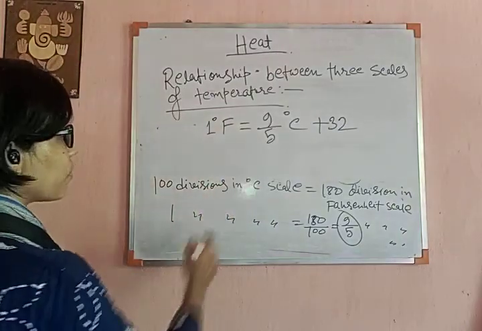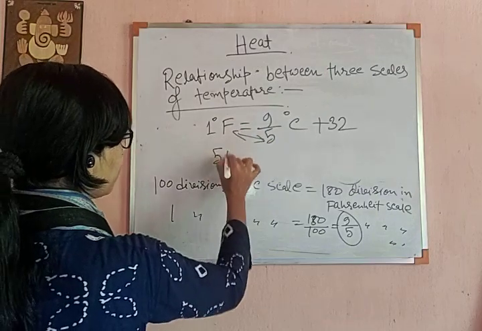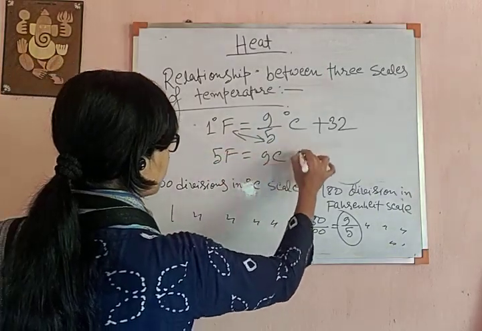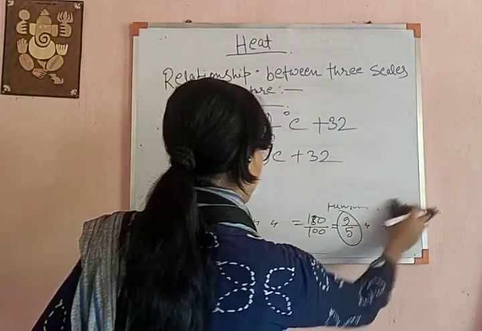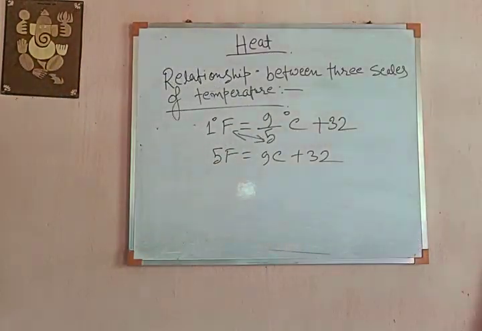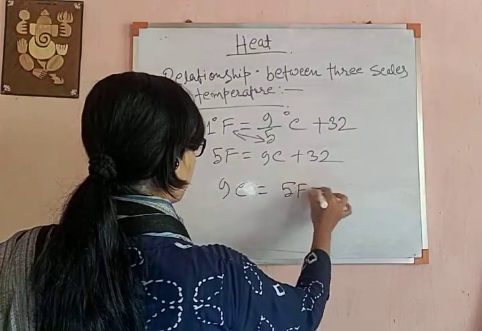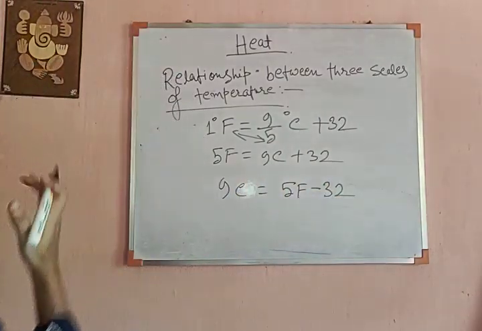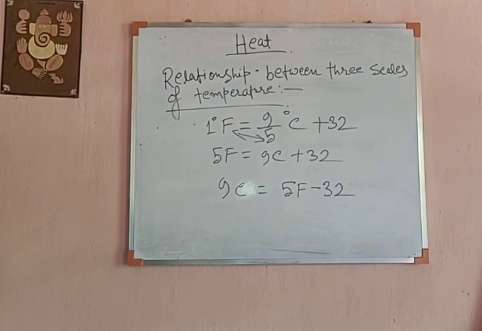Now you just cross multiply. So cross multiply, 5F equal to 9C plus 32. Next, 9C equal to 5F minus 32. Okay, 9C equal to 5F minus 32.